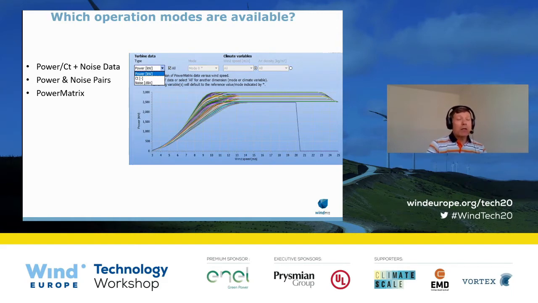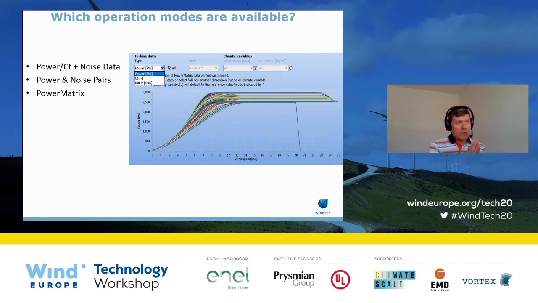And there are a lot of other climate variables that can be included, such as turbulence intensity, wind shear, veer, vertical inflow angle, and so on. So it's up to the manufacturer to provide us these data sets in this special format.